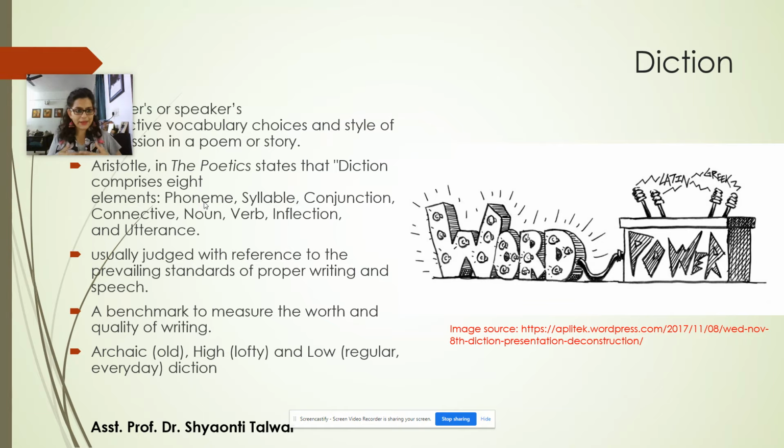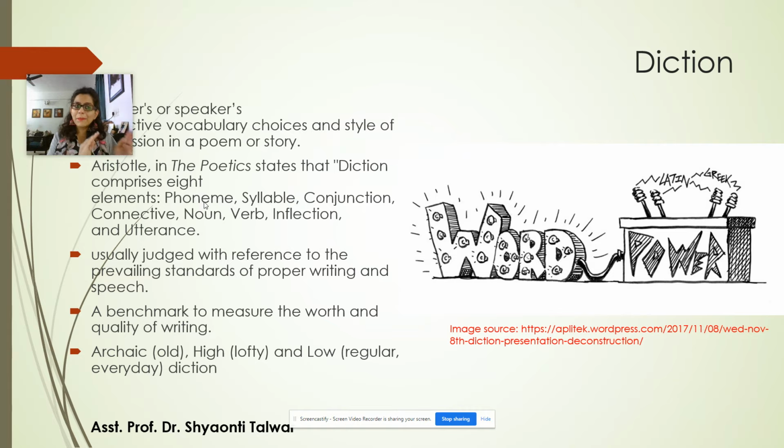So if it's epic, it has to be serious, the character has to be a king or a prince or royalty, and the kind of language the character uses has to be very grand, very pompous, very lofty. And similarly, if it's a farmer, then the language can be everyday language, it could be the common man's language, right?